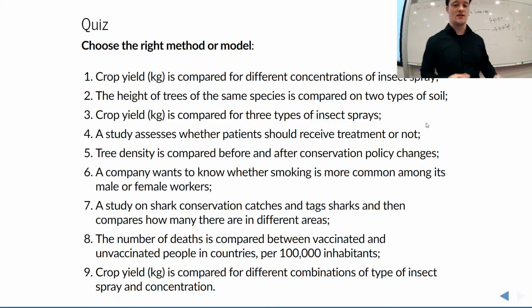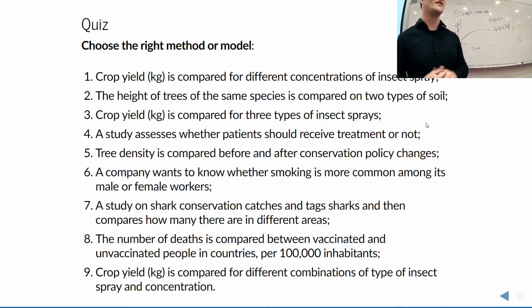So what are the continuous and categorical explanatory variables here? The concentration. So the concentration is continuous, right? Because you can pick any value in between other values. But type of treatment, well, it's either one or the other. So that's a categorical variable.